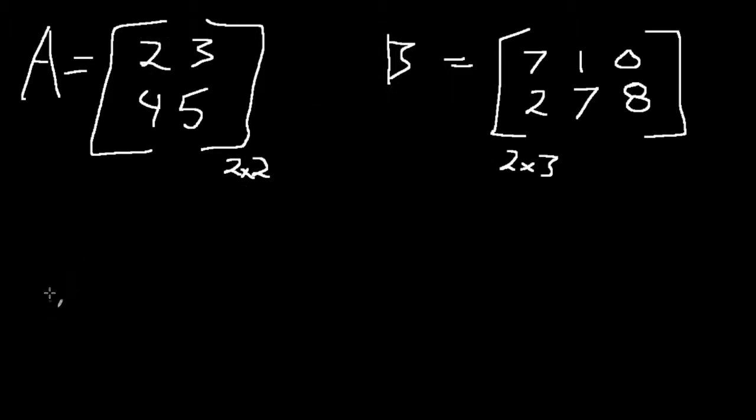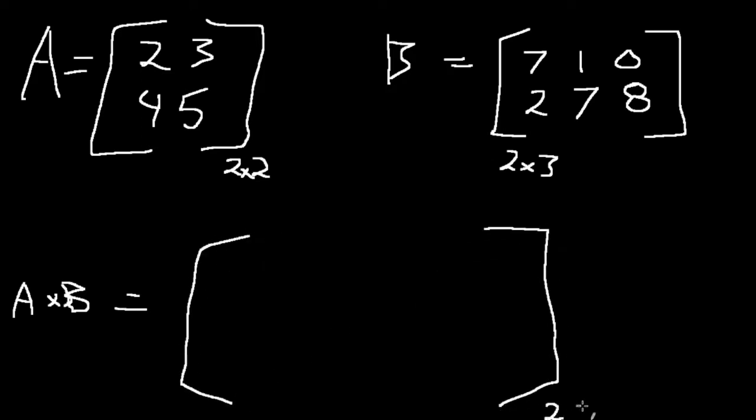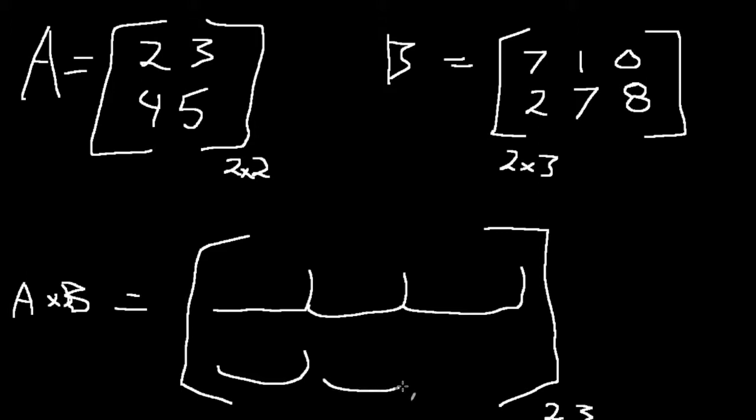So we're going to say A times B equals, and we're going to get a resulting matrix. We already know just by looking at the sizes it's going to be a 2 by 3. I made this purposely big because we're going to need spaces. So we're going to have to fill in each of these element spots, these little underlined areas being element spots. So this will be the first row with 3 columns, 1, 2, 3. Second row with also 3 columns.